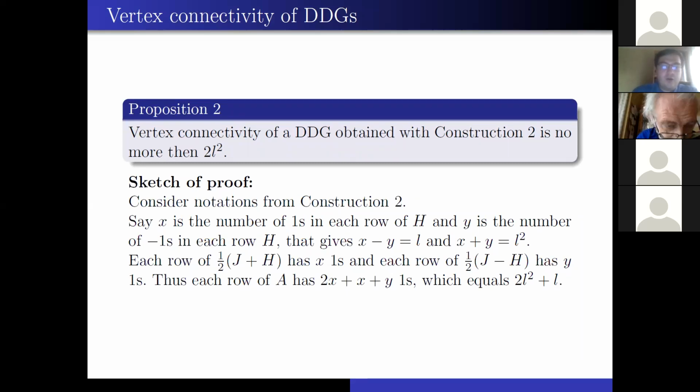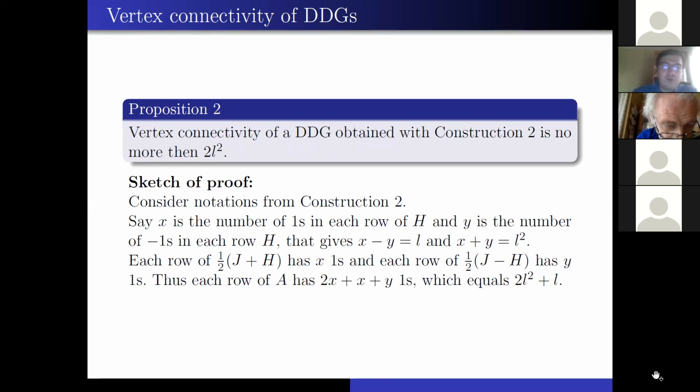Each row of J plus H halved, where J is the all-ones matrix, has X ones, and each row of J minus H halved has Y ones.